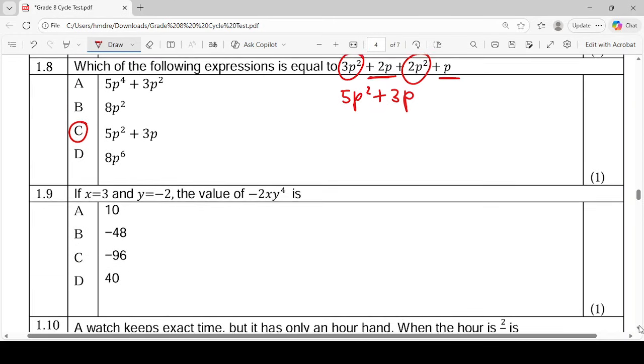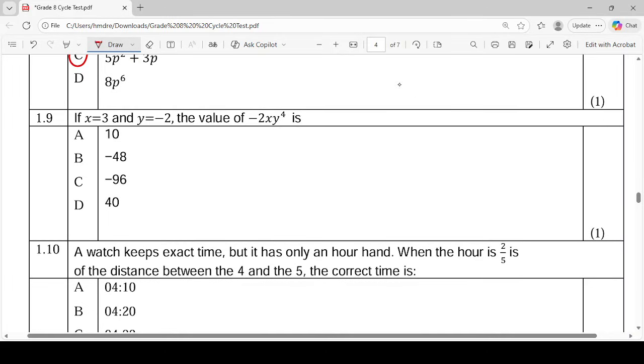1.9. If x is 3 and y is minus 2, then what is the value of this? So we just need to plug in these values. So minus 2 times x. So they said x is 3. And y is minus 2 to the power of 4. So let's keep this part the same for now.